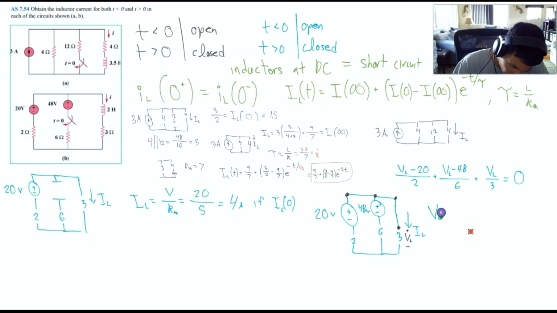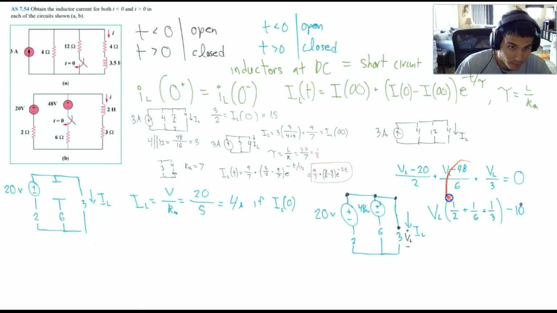So I'm going to decompose it. VL, the only thing concerned with VL here is 1/2, plus 1 over 6, and plus 1/3. Minus, okay, now 20 divided by 2 is negative 10. Negative 48 divided by 6 is 8.